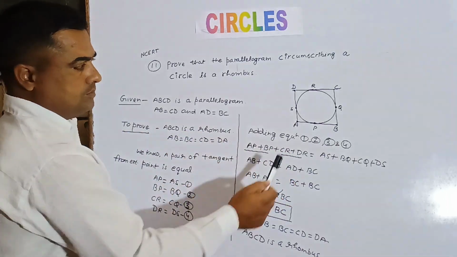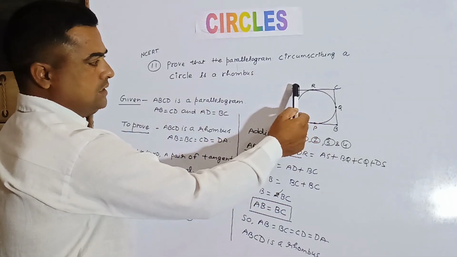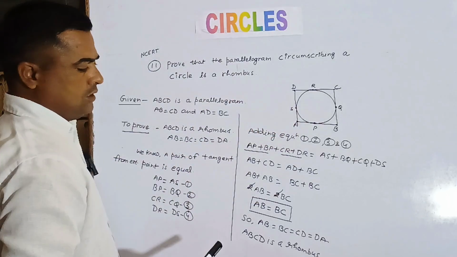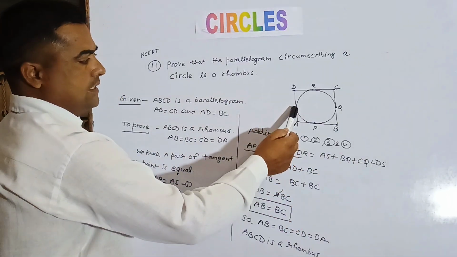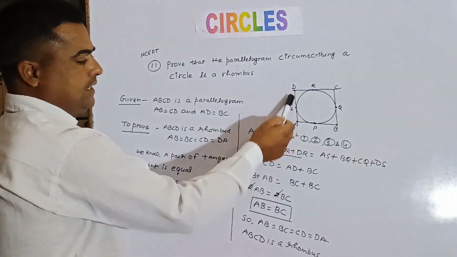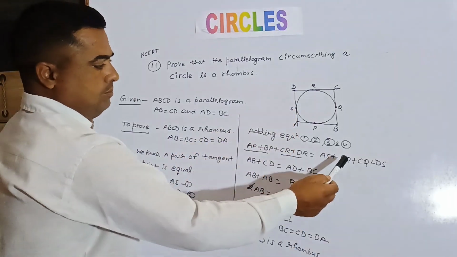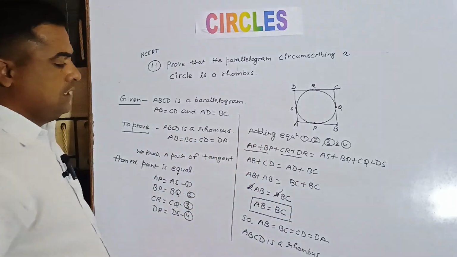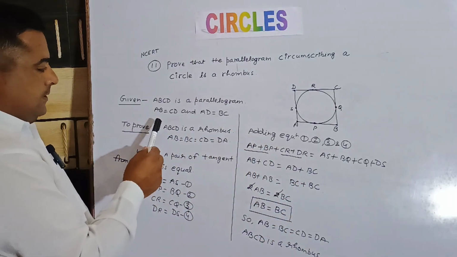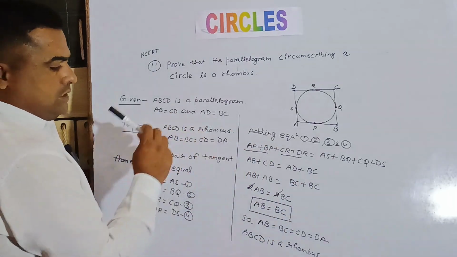CR plus DR will be CD. AS plus DS will be AD. BQ plus CQ will be BC.